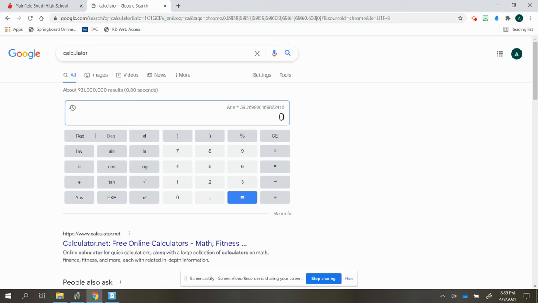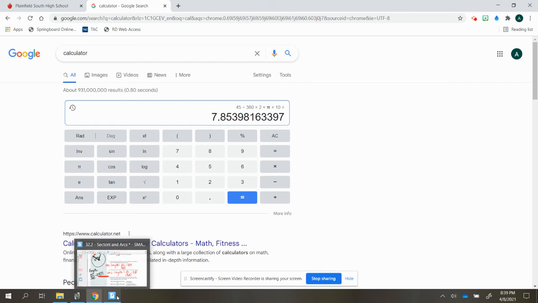So that would be angle measure divided by 360 times 2 times pi times that radius of 10, so that our arc length would be about 7.9 feet. Okay?